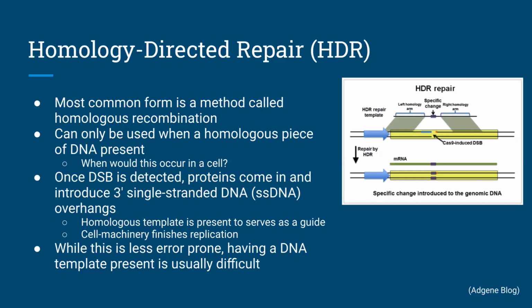It's way less error prone because you have an actual template you're building off of, so it's hard to go wrong. But it's rare, and having that DNA template is unique to the replication phase, and it's just not feasible to do as easily in other cell stages, right?